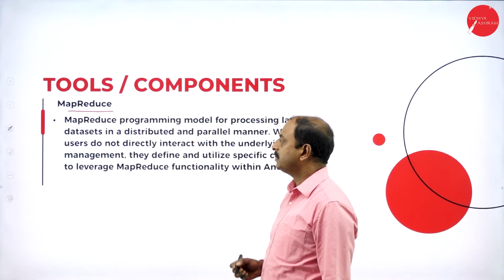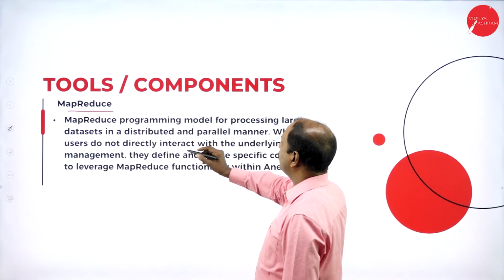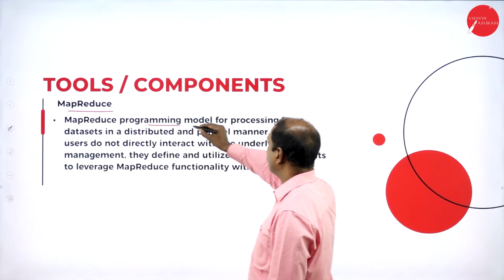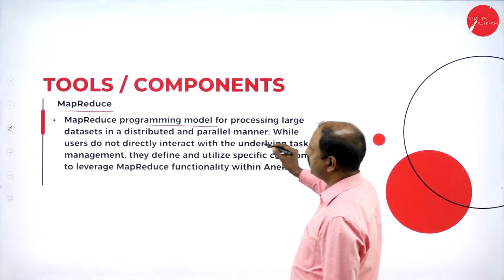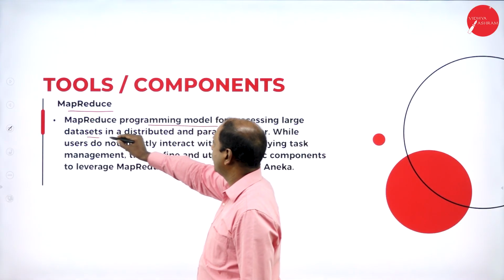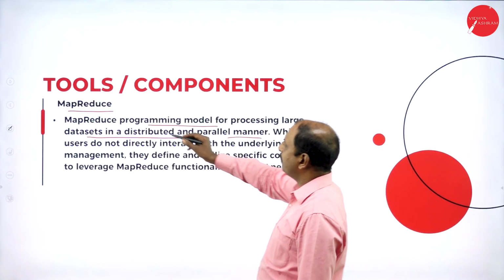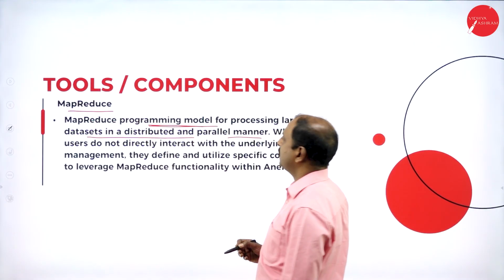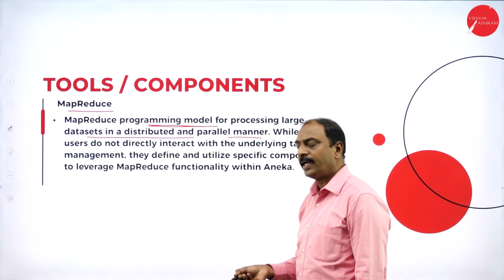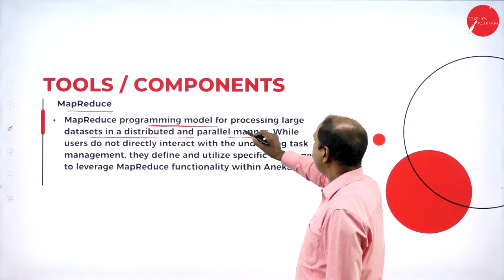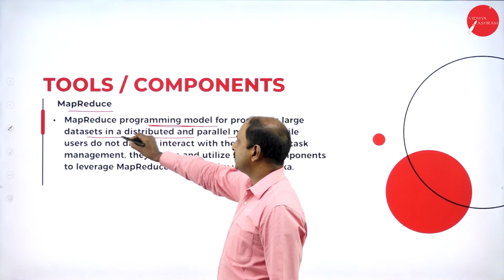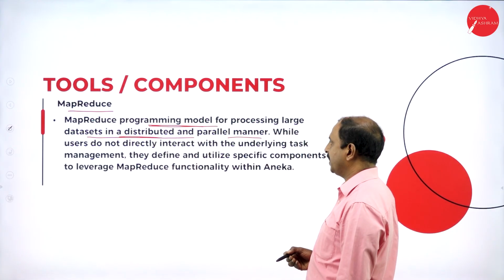Another component is MapReduce. MapReduce is a programming model for processing large data sets in a distributed and parallel manner. So it is nothing but a model, or a program, that helps in processing large data sets in distributed applications.